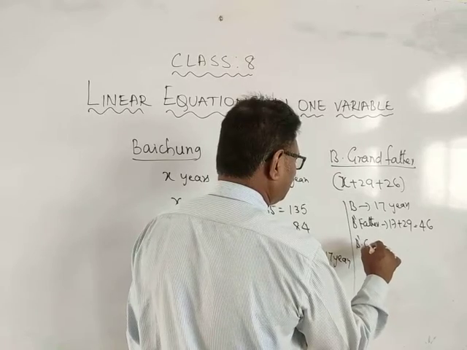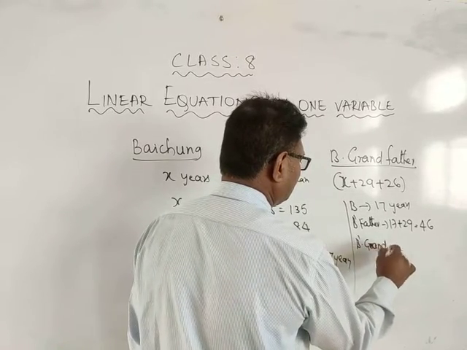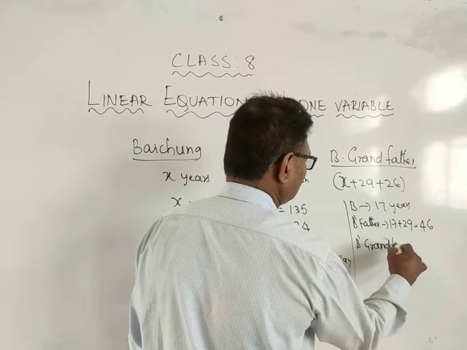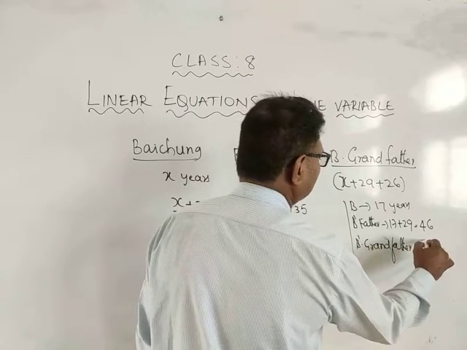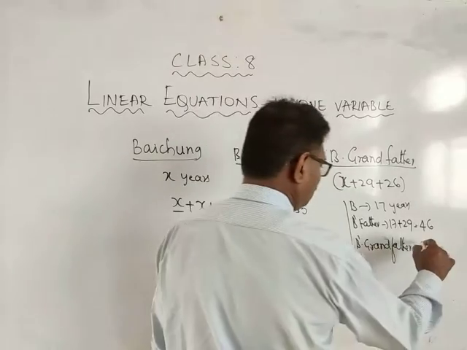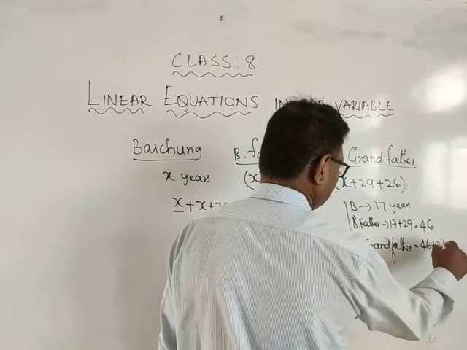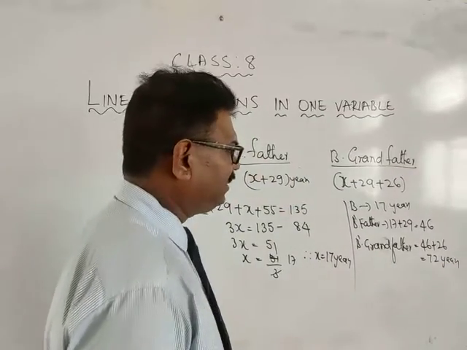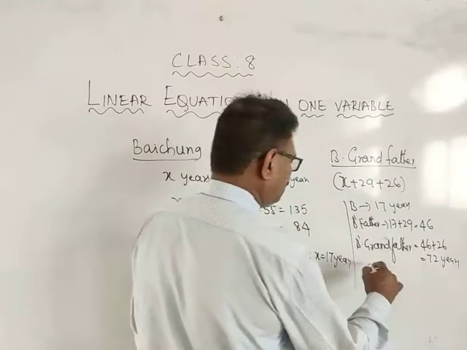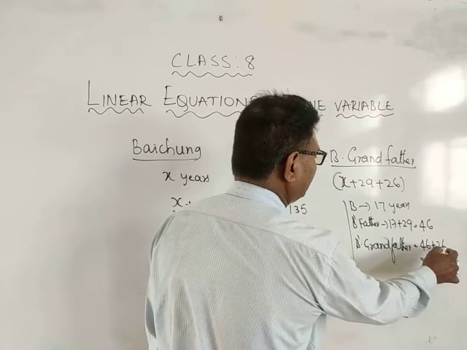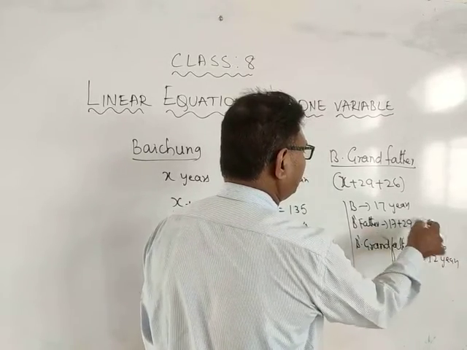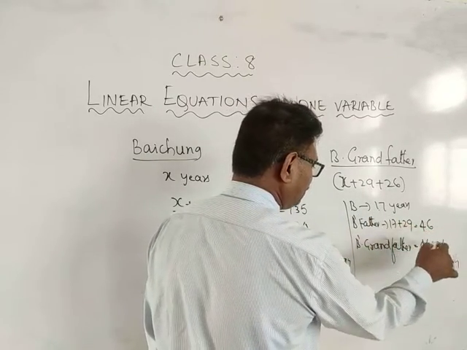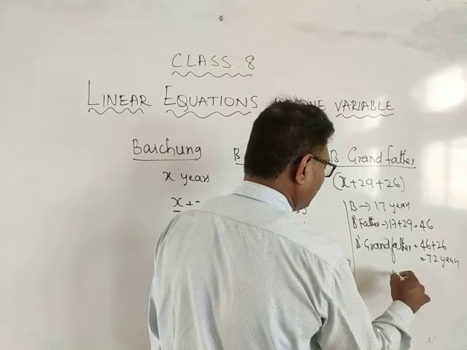And Baichang's grandfather: 46 plus 26 is nothing but 72 years. You can add, you will get the total age. 2 plus 6, 8. 8 plus 7, 15. 1. 2. 2 plus 4, 6. 6 plus 7, 135.